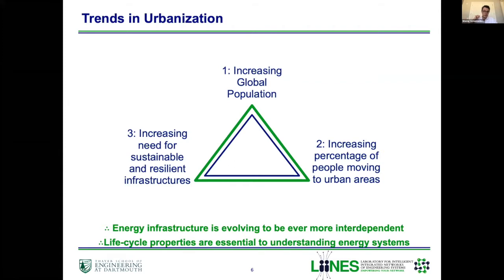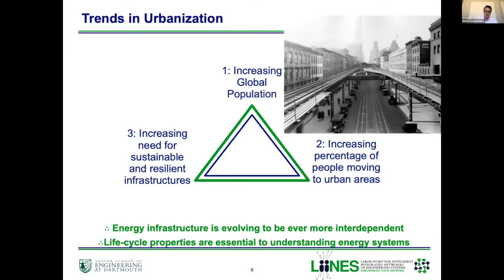With this trend of urbanization, we also see that space in cities becomes really short. We have less of it. And frankly, we don't want to give the space that we have to infrastructure or energy infrastructure. And so the space for energy infrastructure is also decreasing. As a result, these infrastructure systems become ever more interdependent. And how does that look?